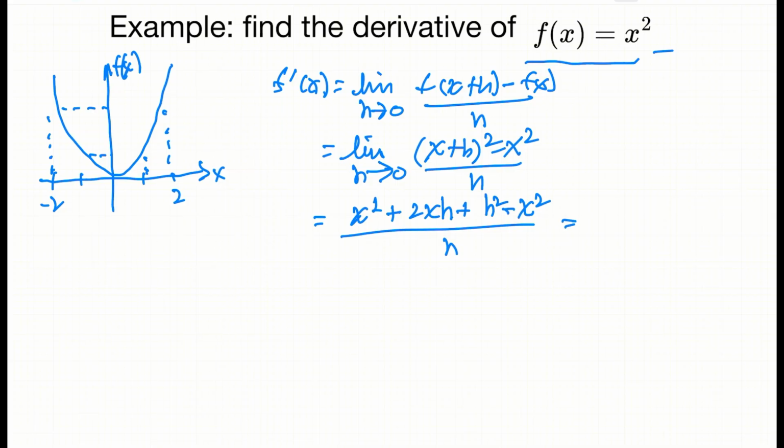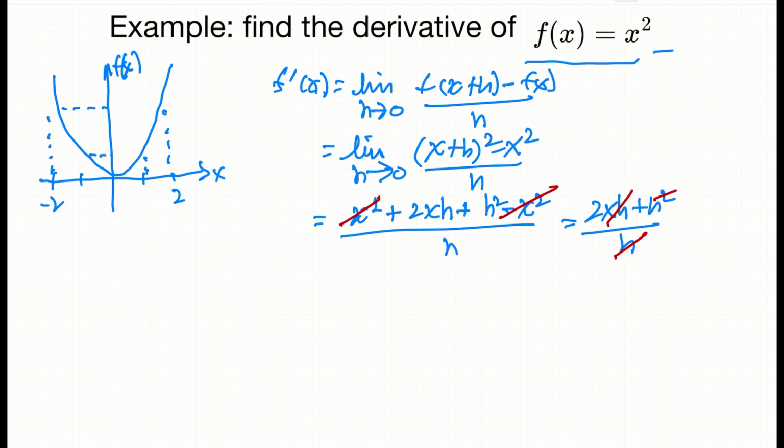Now we can get rid of some of the terms, so the x squared goes away. And so what we're going to be left with is 2xh plus h squared over h. Now our h's are going to go away, or part of them are going to go away.